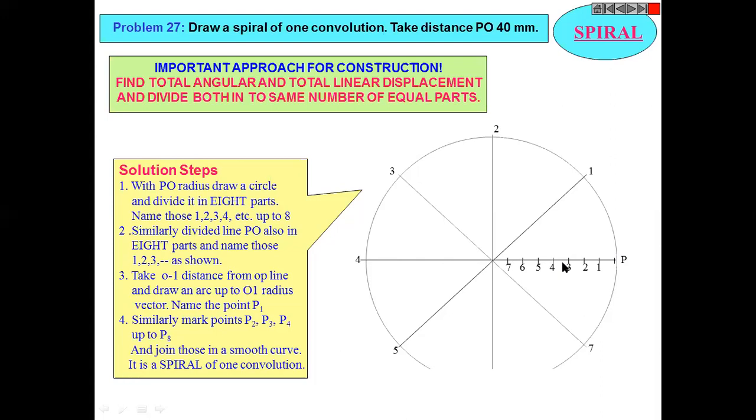Answer me. How many degrees does P travel if it starts from here and comes back to somewhere on this horizontal line?